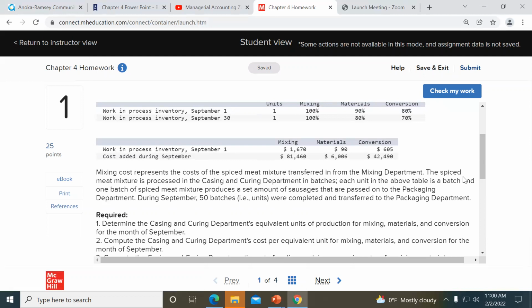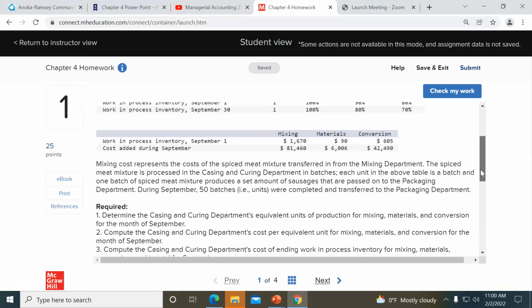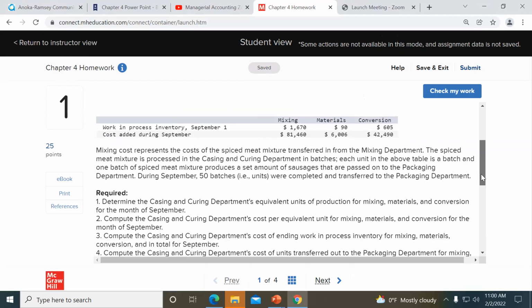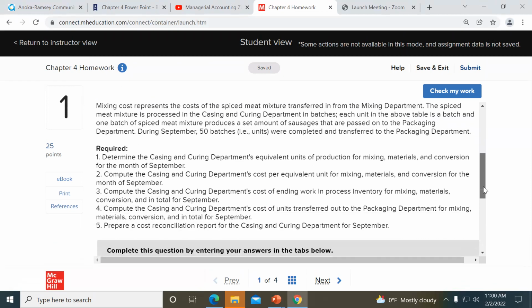The spiced meat mixture is processed in the casing and curing department in batches. Each unit in the above table is a batch, and one batch of spiced meat mixture produces a set amount of sausages that are passed on to the packaging department. In September, 50 units were completed and transferred to the packaging department.